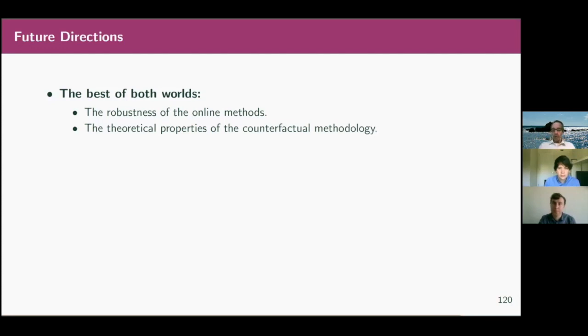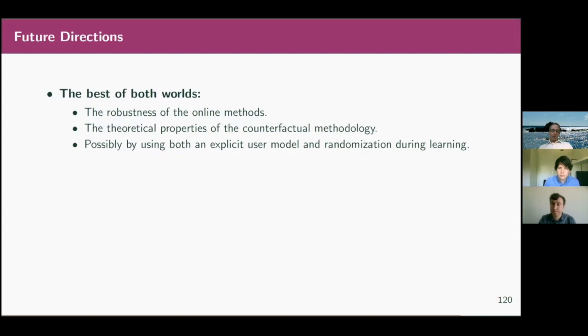So we'd like to have the robustness of online methods and the theoretical properties of the counterfactual methodologies that we talked about. How can we do this? One avenue that you can think of is maybe we should consider explicit user models and at the same time use randomization during learning.